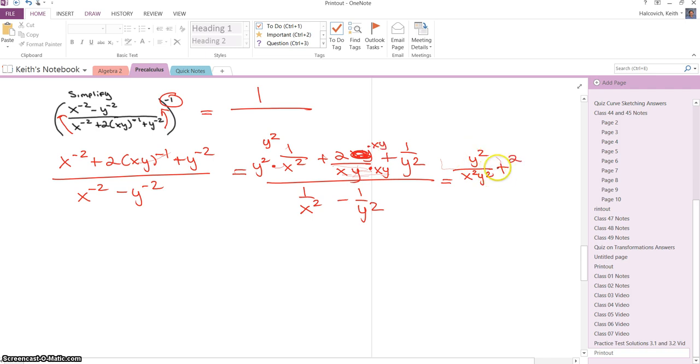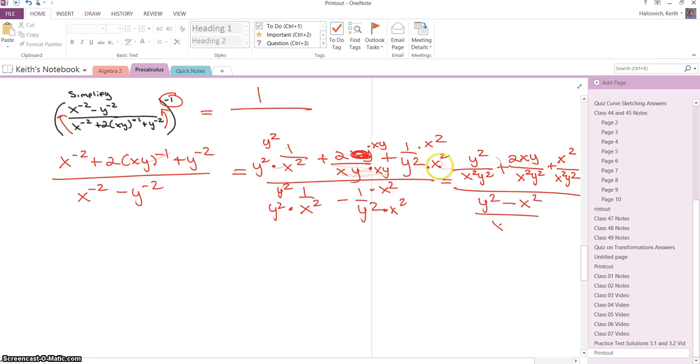So you get 2xy over x squared, y squared, plus, and then here you have to multiply by x squared, over, and then here you have to multiply by y squared. Here you have to multiply by x squared to get the common denominator. And it's y squared minus x squared over x squared, y squared.